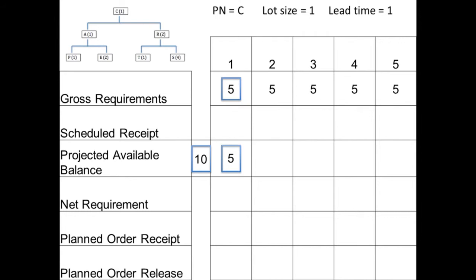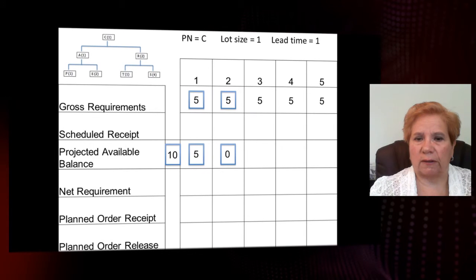We repeat it in period 2. We start with the previous PAB of 5 in period 1, minus our 5 gross requirements in period 2, and we have a PAB balance of 0 in period 2.